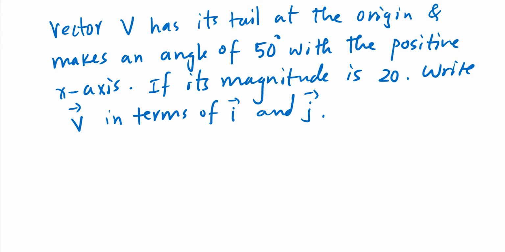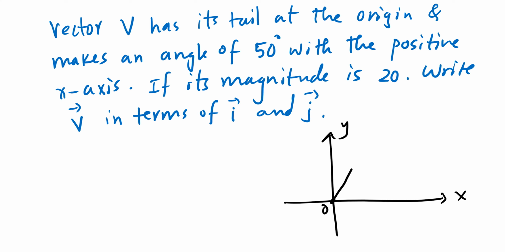So how do we write that in terms of i and j? Let's sketch a quick figure here. It makes an angle of 50 degrees, the tail at the origin, so it goes up this way. It makes 50 with the positive x-axis, right? If you drop a height down this way, we need to find the components of this vector, call them a and b.